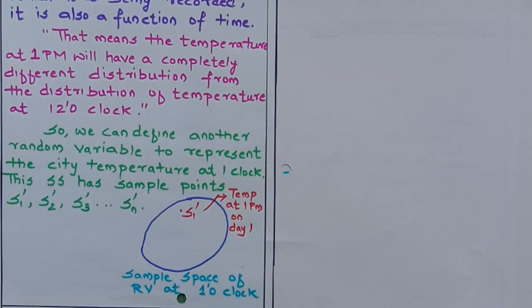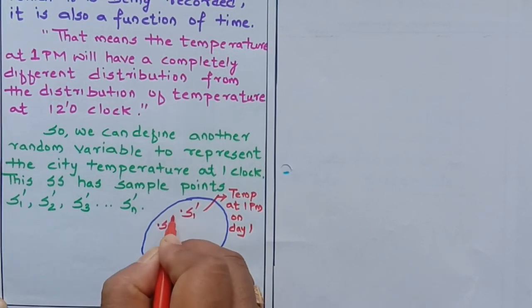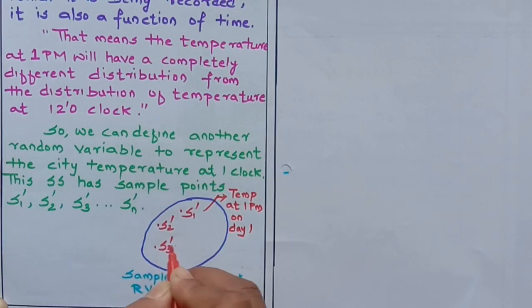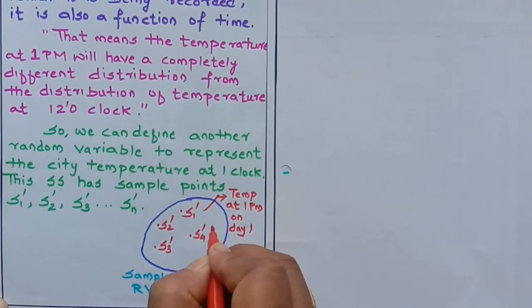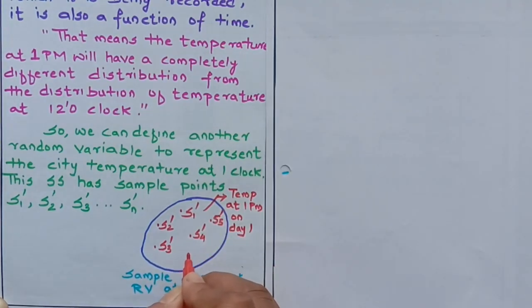Again we have to record the temperature for day 2, represented by S2 dash. Similarly S3 dash, S4 dash, S5 dash, and so on.